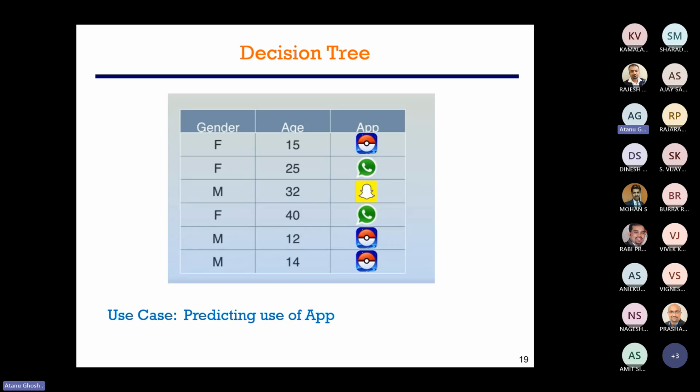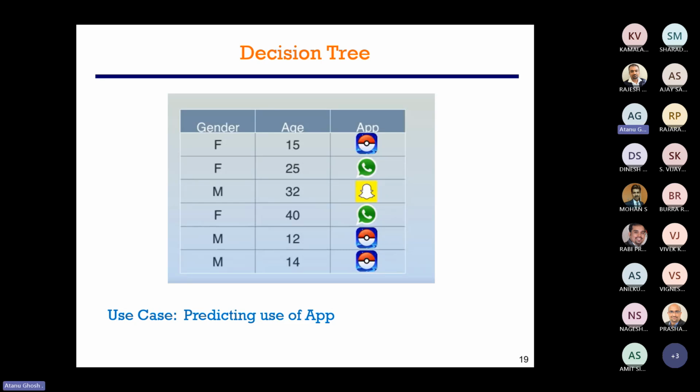But if age is greater than 20, I don't know, because somebody who is 25 uses WhatsApp, 40 uses WhatsApp, 32 uses Snapchat. Again, two-thirds, one-third. But one part is sorted: if age is less than 20, definitely they'll use Pokemon Go.